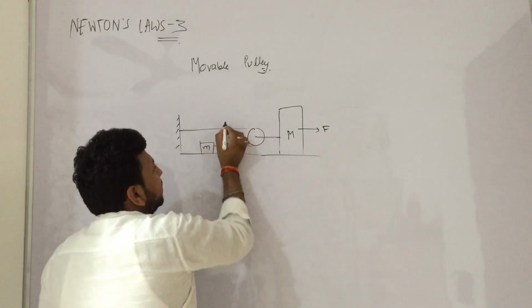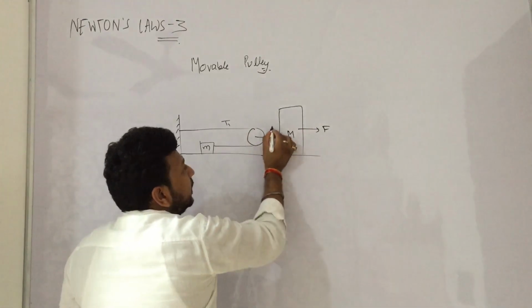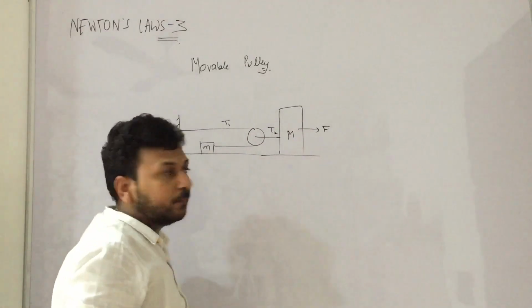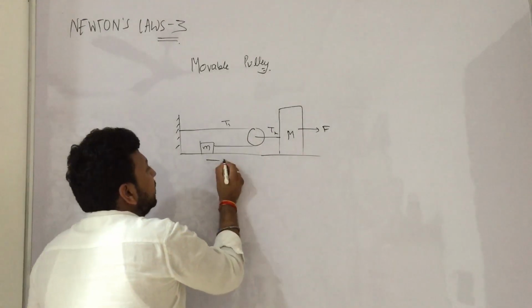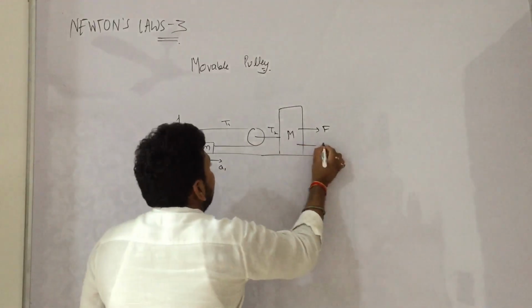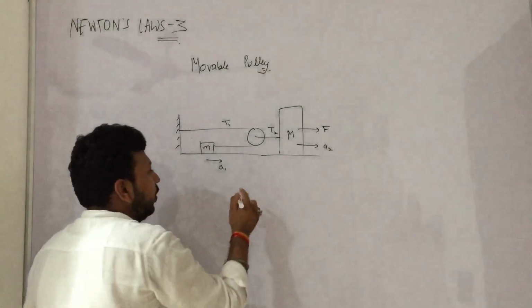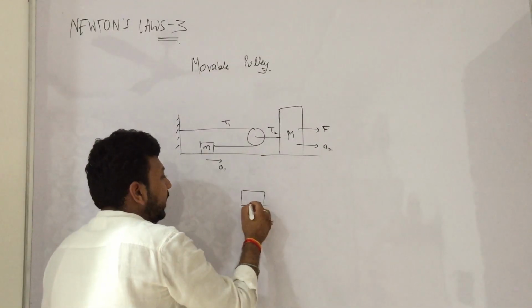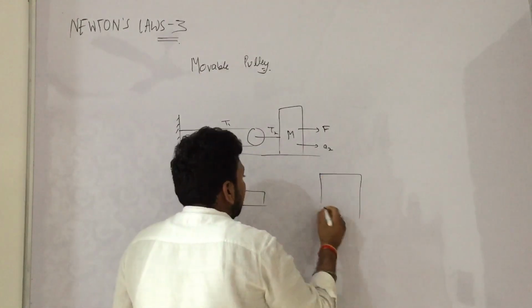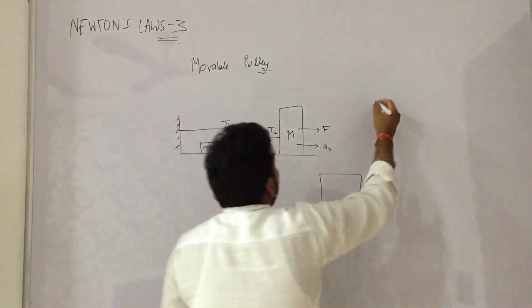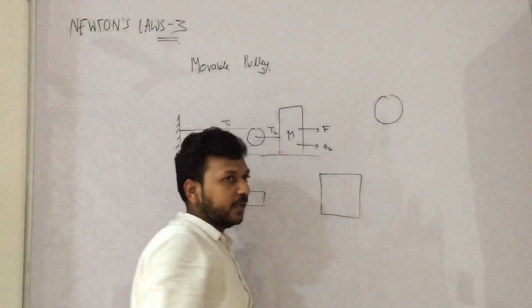This is one string, let us consider the tension here as T1. This is another, let us consider it as T2. And let us consider its acceleration A1, its acceleration A2. So let us form the FBD, free body diagram, of small m and capital M. Also we will form the free body diagram of the pulley this time.